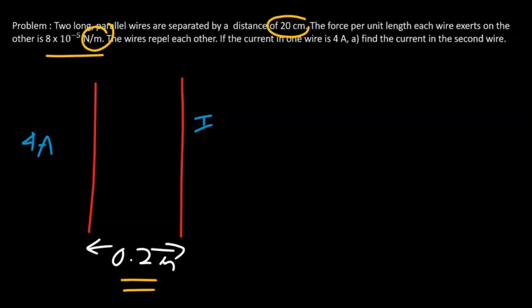The wires repel each other. Now what that means is the two currents must be opposite to each other, as we have discussed a few minutes ago. Only then can they repel. If one current is 4 ampere, what is the other current? Namely, what is this I?